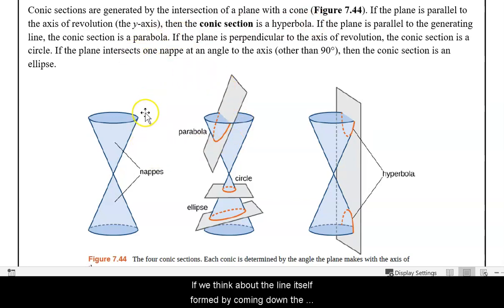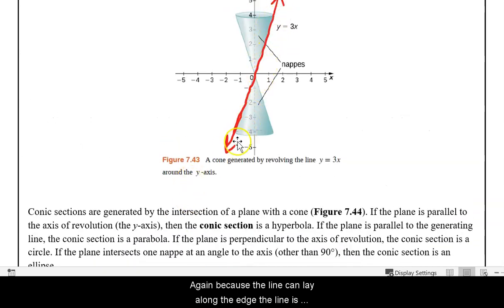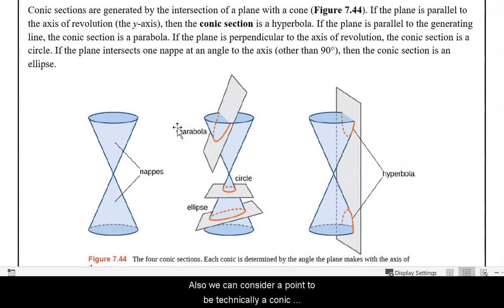If we think about the line formed by coming down the edges of the cone, then we know that a line is technically a conic section. Also, we can consider a point to be technically a conic section, since the point where the two nappes meet is considered a point.